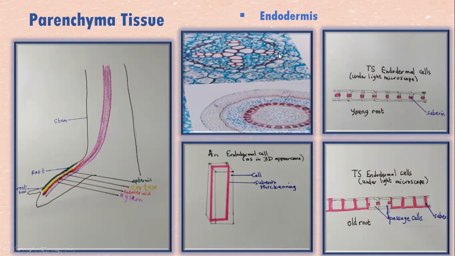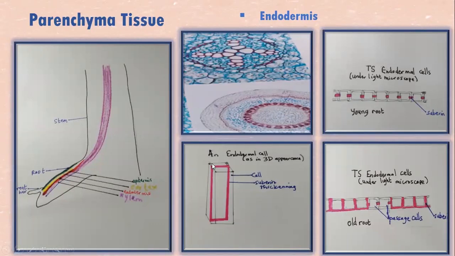So there are also passage cells here. There's a passage cell here. These cells are enveloped. Passage cell here, passage cell, passage cell, passage cell. These are completely enveloped. So in old roots, the suberin is formed thick.